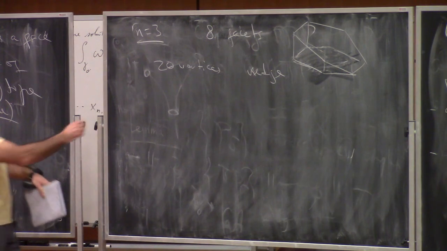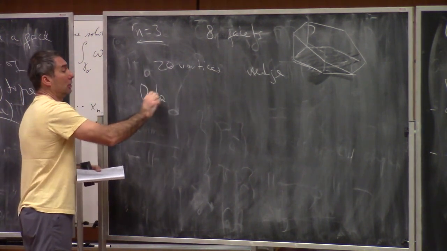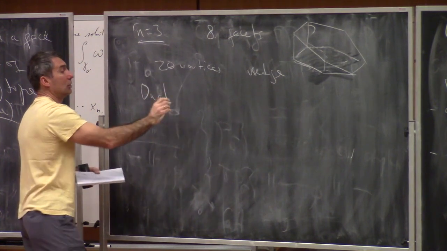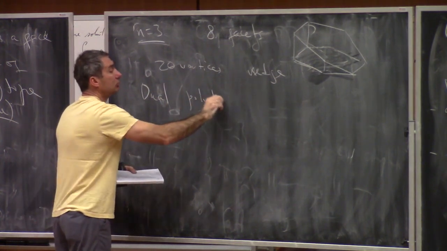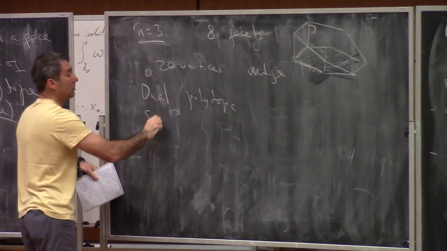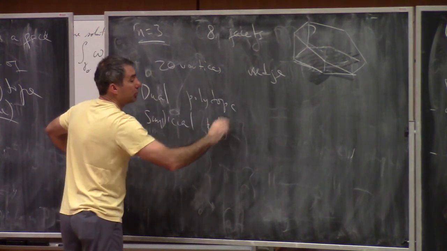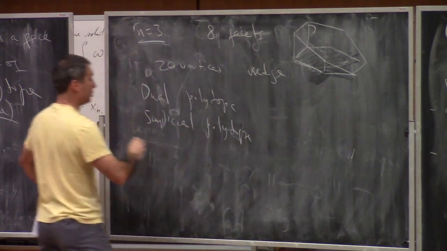So what I did, I actually looked at the dual polytope. The dual polytope is simplicial, with 8 vertices. A simplicial 4-dimensional polytope.